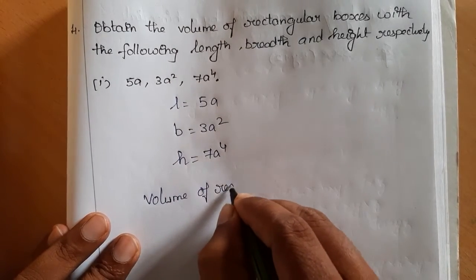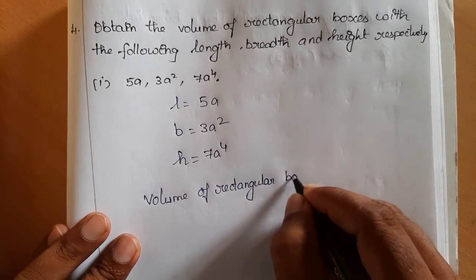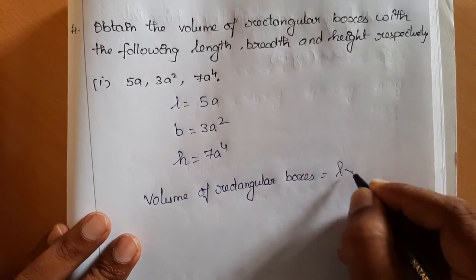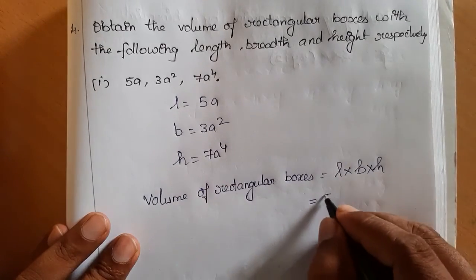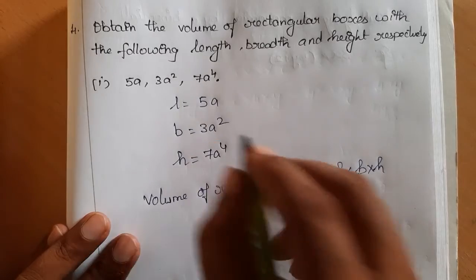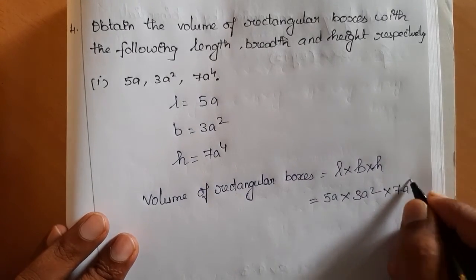Volume of rectangular box is equal to L into B into H. So what is the length here? Length is 5a, breadth is 3a square, and height is 7a power 4.